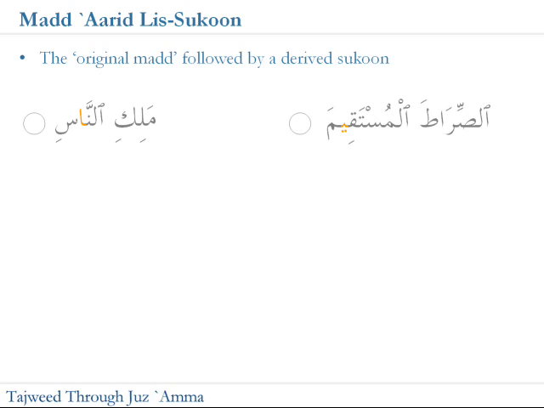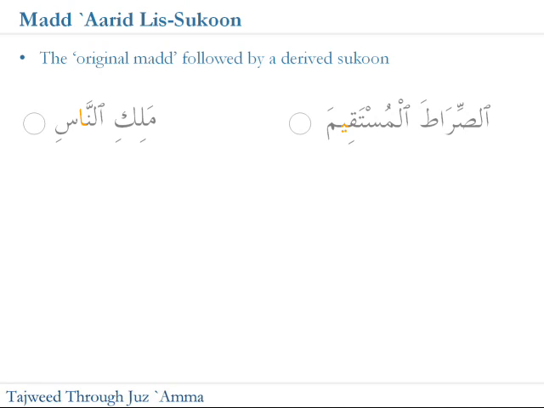Now with both of these cases, the last letter when you're stopping at the end of line, so the round circles are the end of line marker here, so the sin and the meem in the two sentences right at the end will become sakin due to the rules of stopping. Hence these are known as derived sukoons, i.e. the sin and the meem do not have a sukoon on them, but it's derived from the stopping rule that they're going to be pronounced as if they've got a sukoon on them.